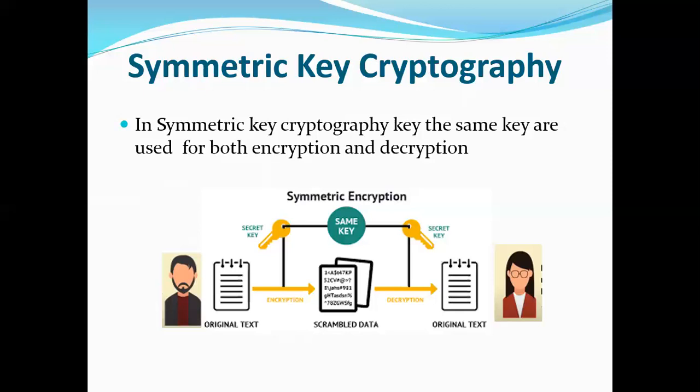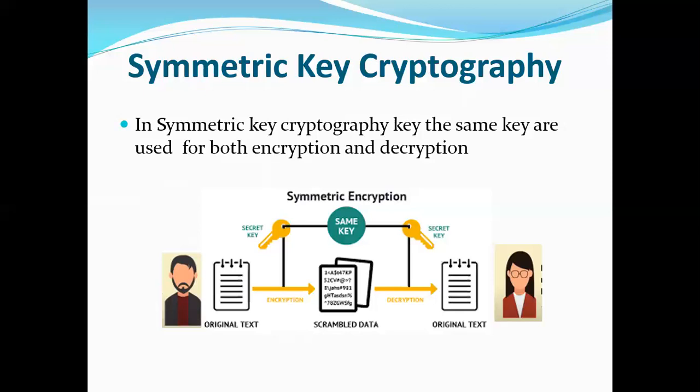Now, in private key encryption, data is encrypted using a single same key that only the sender and receiver know. Private key encryption is also known as symmetric key encryption because the same key is used in both encryption and decryption of the data. To explain this, let me introduce a typical example of Alice and Bob.